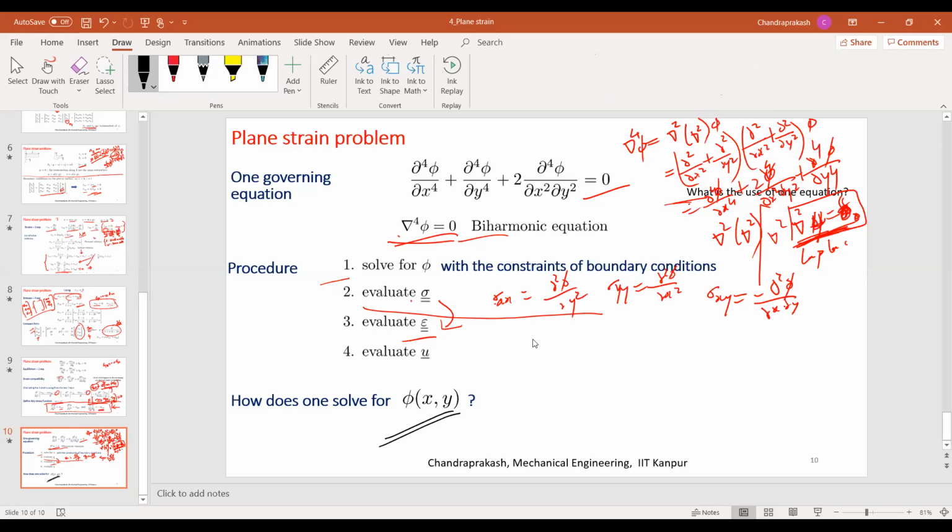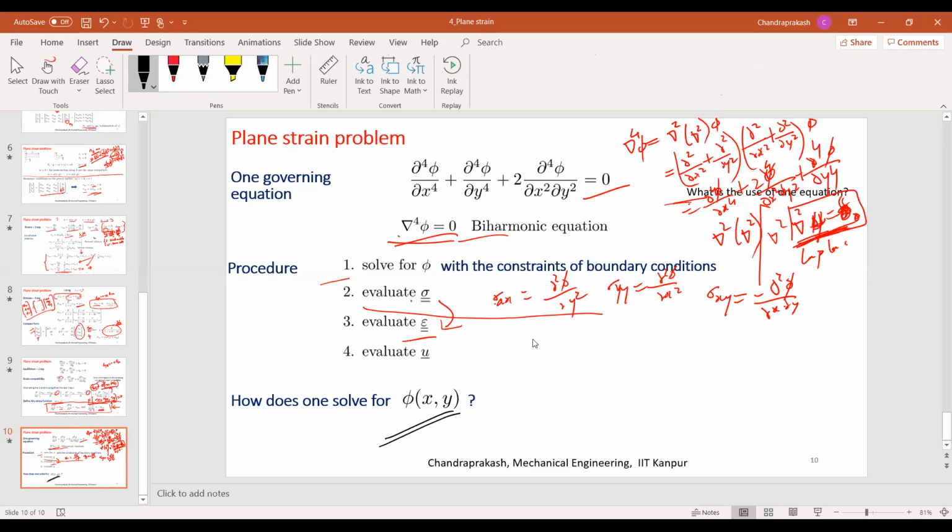So I hope this formulation of the plane strain problem is clear. We started with structures which are very long. And how long are they? They are so long that the length dimension is much longer than the length in the cross section.